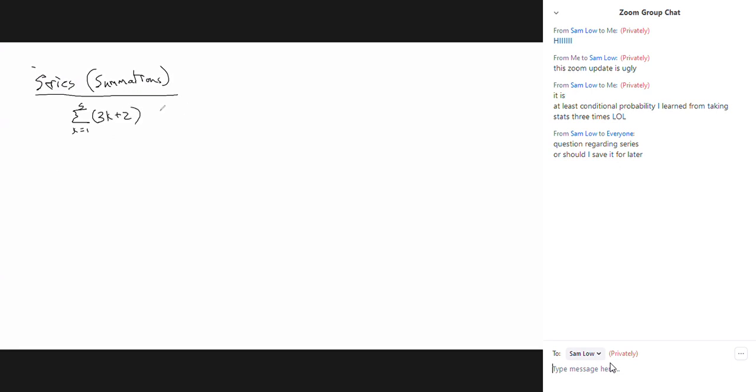One way we did this is you could do it in roster form. As long as there aren't that many terms, you could just calculate them out. So what would this be? 3 times 1 plus 2, so that's 5. Plus 6 plus 2 is 8. Plus 9 plus 2 is 11. 12 plus 2 is 14. Plus 17.